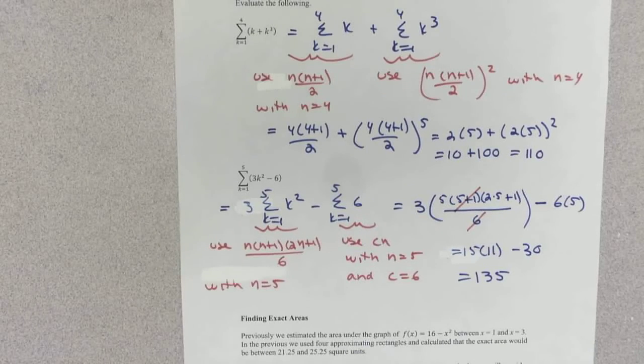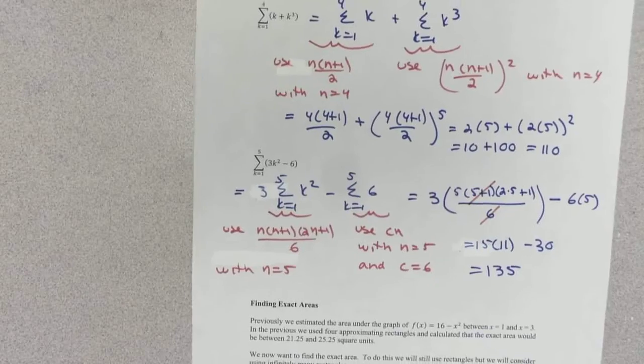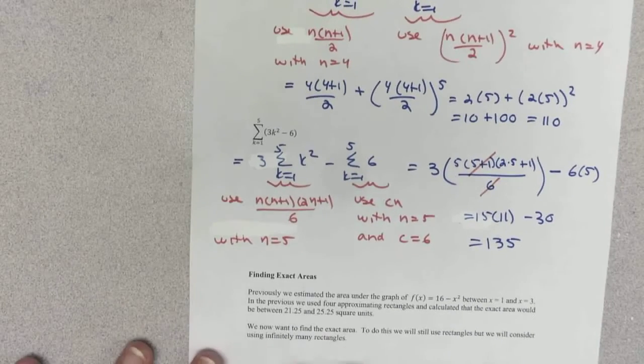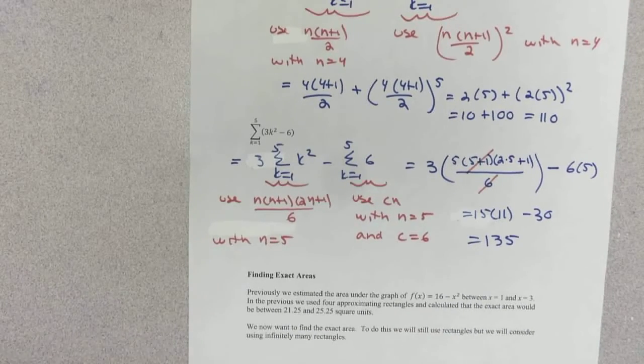Okay, so now it's time to put together what we did in the last section about estimating areas using just a few rectangles and our summation work to make it become finding exact areas. So, finding exact areas. Previously, we estimated the area under our graph of f of x equals 16 minus x squared between x equal 1 and 3.